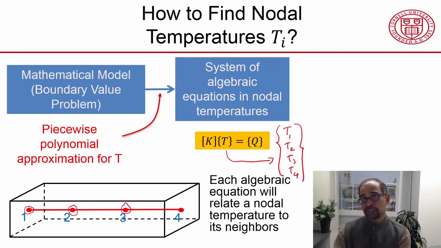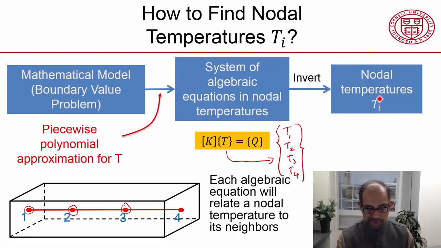And then, if we have a system of linear equations, we can solve that. That is a matrix inversion problem. So we'll invert that system of linear algebraic equations, and we'll get our nodal temperatures. Okay? That is our selected variables at selected points.